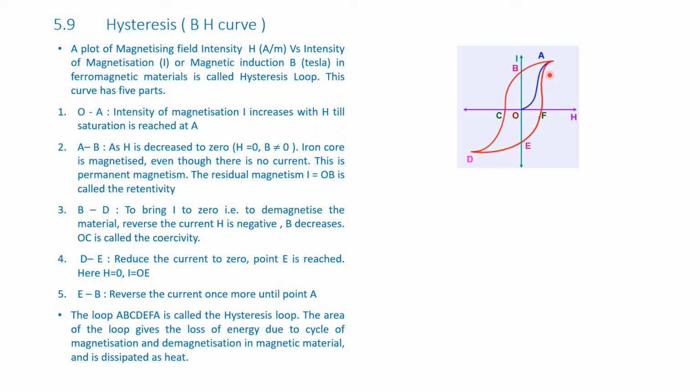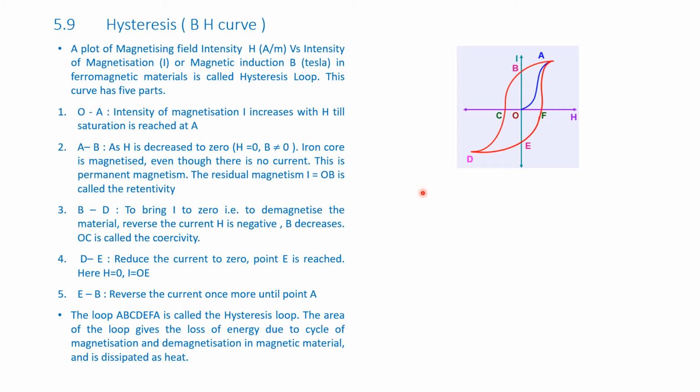The area of the loop gives the loss of energy. The area of the loop gives the hysteresis loss, and it is dissipated as heat. Hence, the loop A, B, C, D, E, F, A is called the hysteresis loop or BH curve.